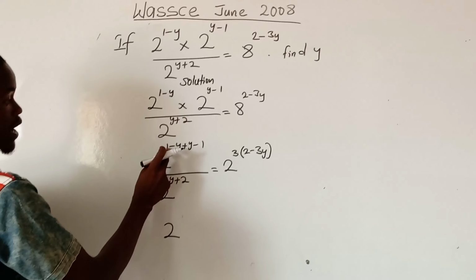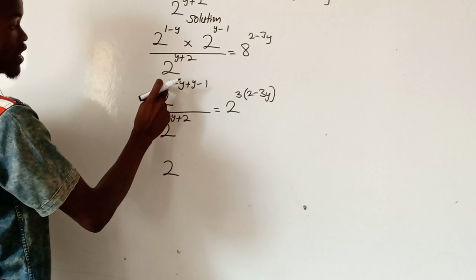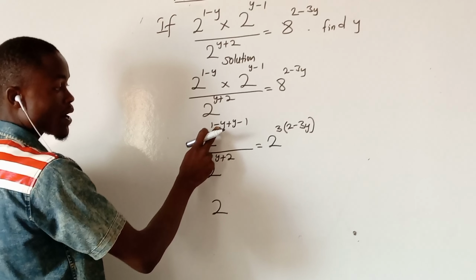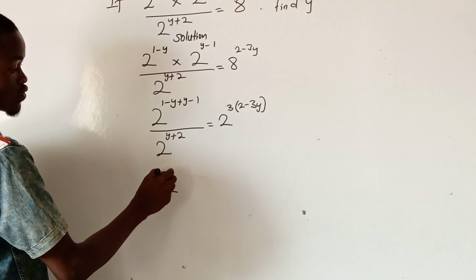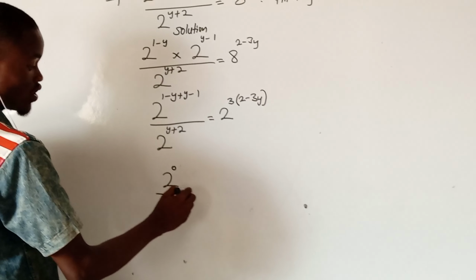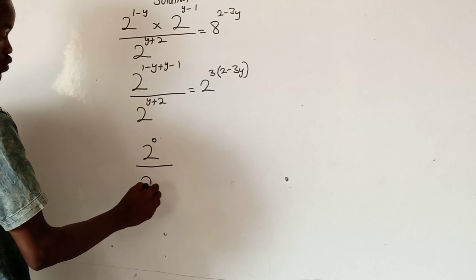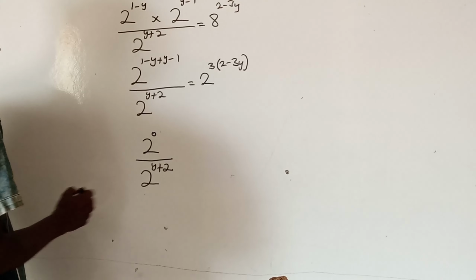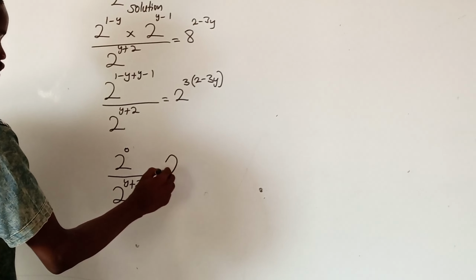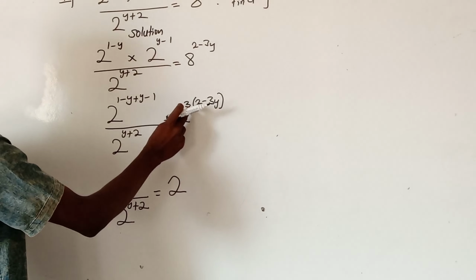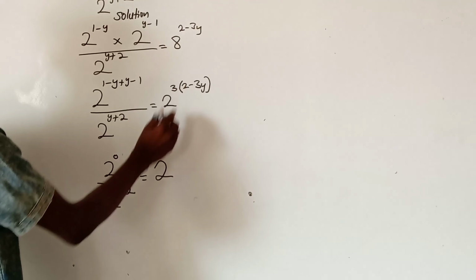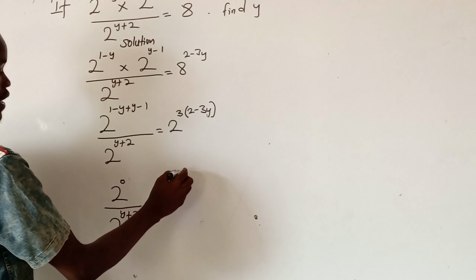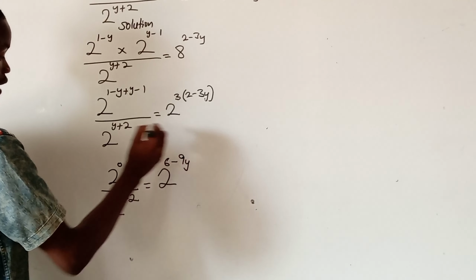Mind you, 1 plus 1 minus 1 gives you 0, and y minus y plus 1 gives us 0, all divided by 2 raised to the power y plus 2, equals 2 to the power, multiply these powers, 3 times 2 is 6, minus 3 times 3y, which gives us 9y.